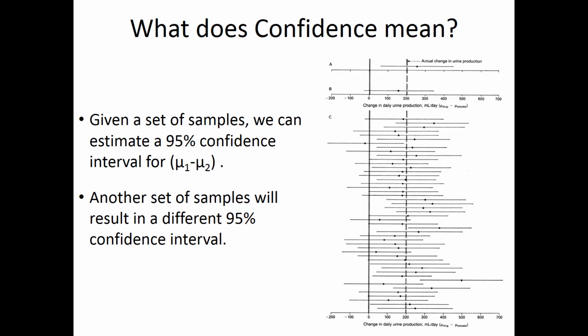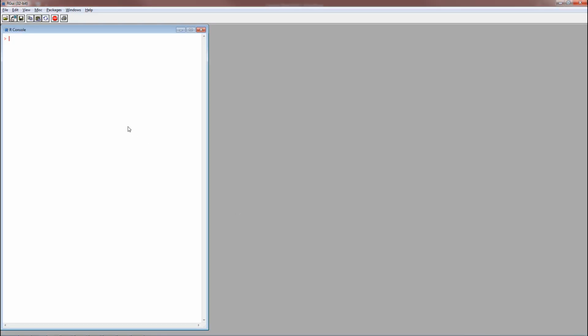We can also create plots with more than one confidence interval, such as in this plot that we showed earlier. As an example, I will reproduce this upper plot, which is actually figure 7-1A in the text. So to create this plot, I'll create a variable to hold the difference in the means, where one difference in the means was 220 and the other was 152.